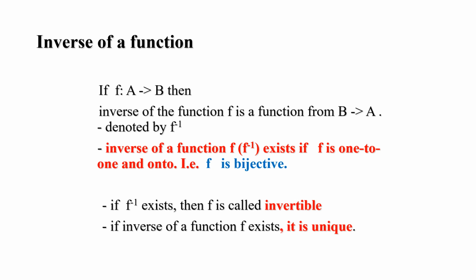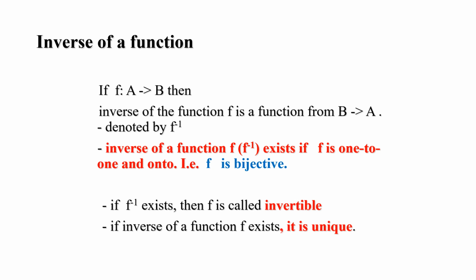Inverse of a function exists only if two conditions are satisfied. f should be a one-to-one function and it should be an on-to function. That means an inverse of a function exists only if f is bijective. And if inverse exists, then f can be called an invertible function.